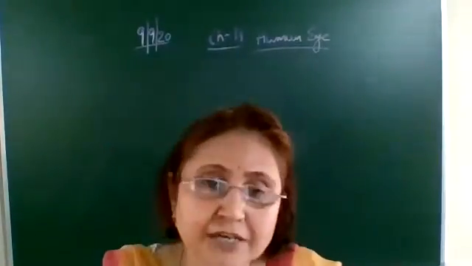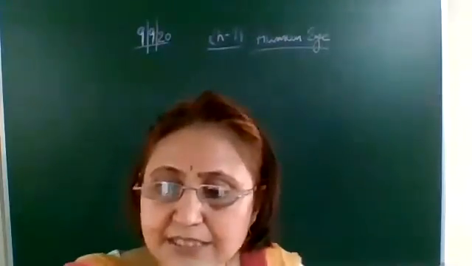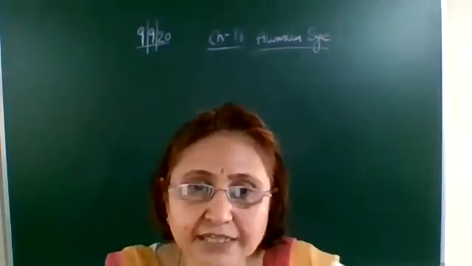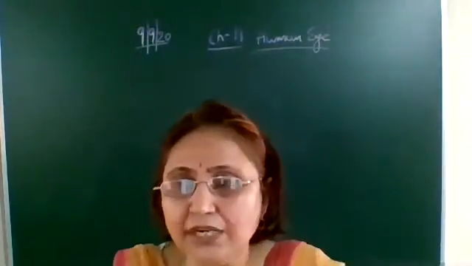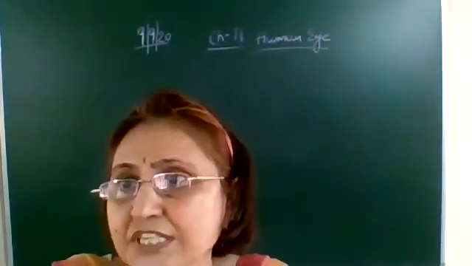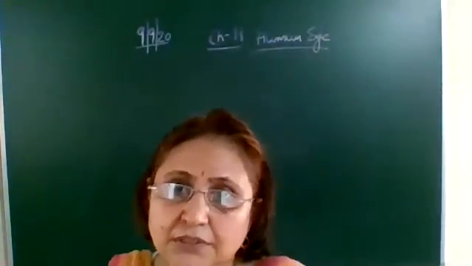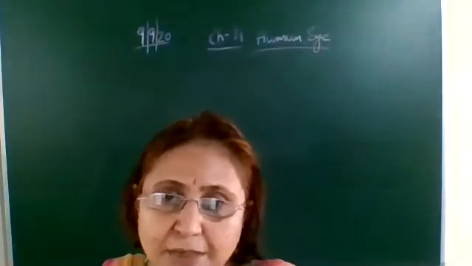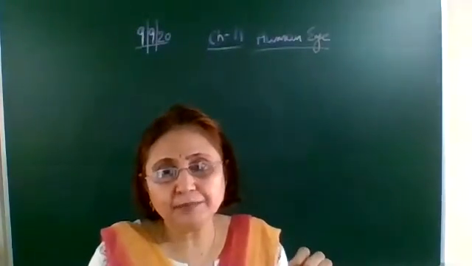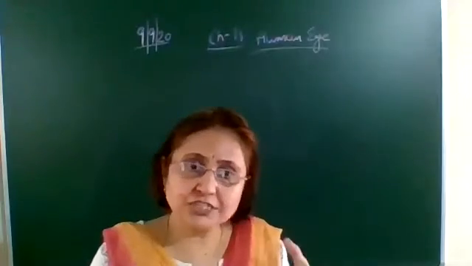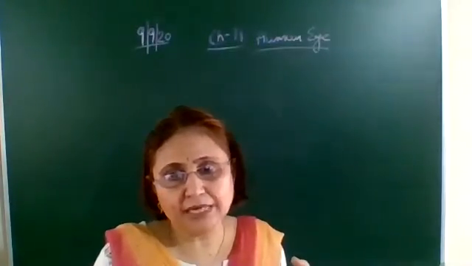Then the next part, just behind the cornea, is the iris. What is iris? It is a dark muscular diaphragm which has a hole in it. This hole is called the pupil. And what is the function of the pupil? It controls the amount of light entering into the eye.